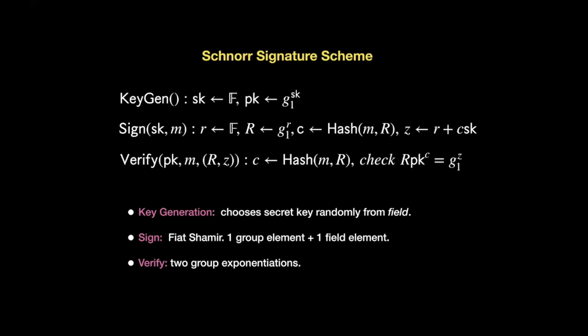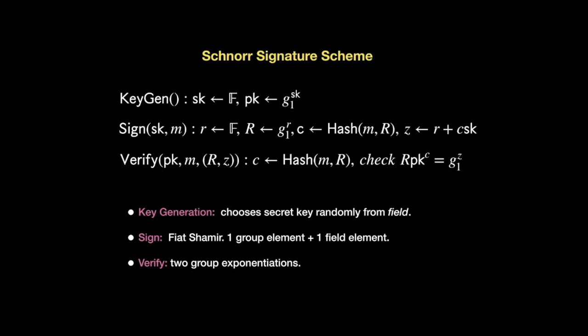Your signature is then your group element, capital R, and your field element z. So that's as quickly as I could. In order to verify, we compute the hash of m and the group element R, same as in the signing algorithm, so we should get the same value c. And then we check that R times public key to the power of c is equal to g to the power of z.